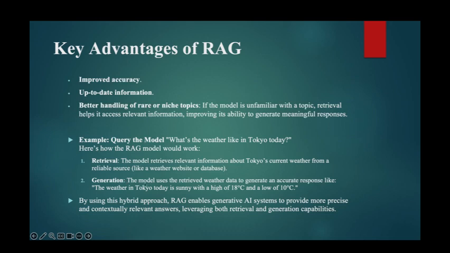In the generation part, the model uses the retrieved weather data to generate an accurate response like: the weather in Tokyo today is sunny with a high of 18 degrees centigrade and a low of 10 degrees centigrade.